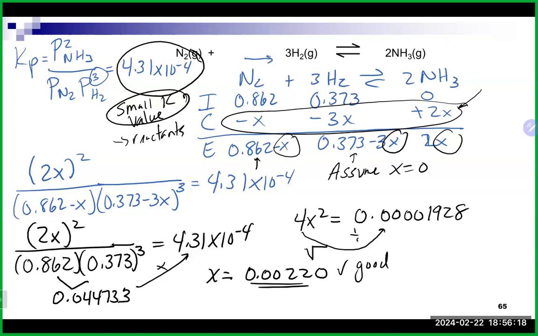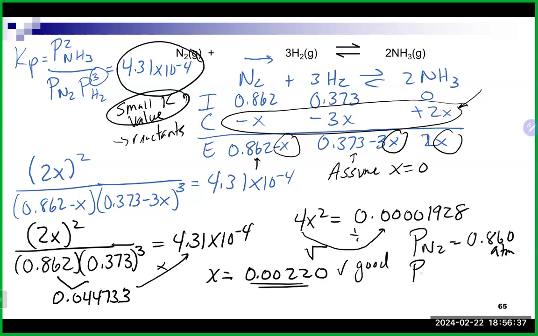And let's do that. So for the pressure here of N2, we would take 0.862 minus our X value. And that will give us 0.860 atmospheres. Remember, these are pressures, not concentrations.